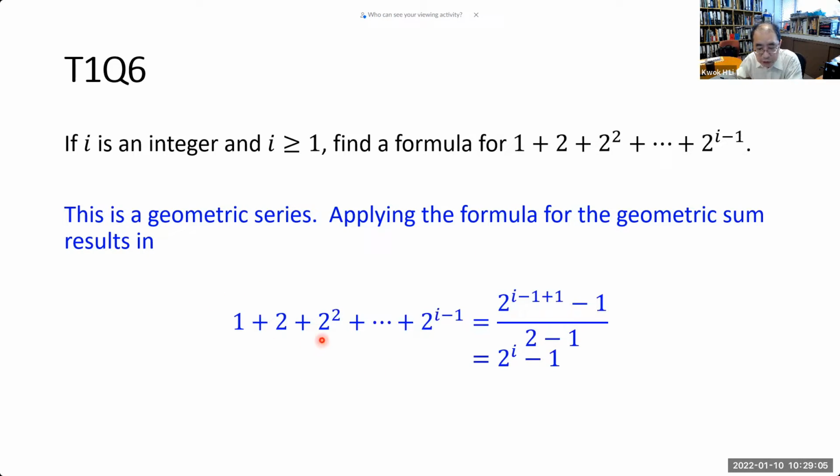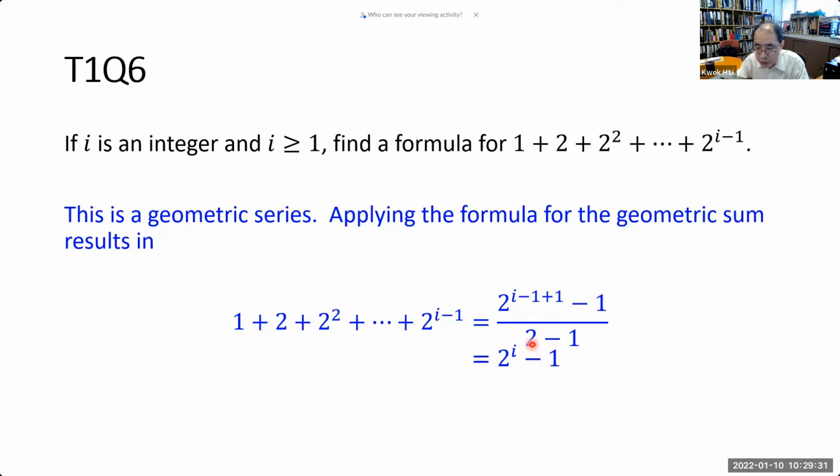Of course, the ratio is r, so it's r minus 1. R is 2, right? So this one is 2 to the power, the last one, I minus 1 plus 1, minus 1 here. So you know how to do it. This one is I minus 1, so you have to add 1 to it and minus 1.